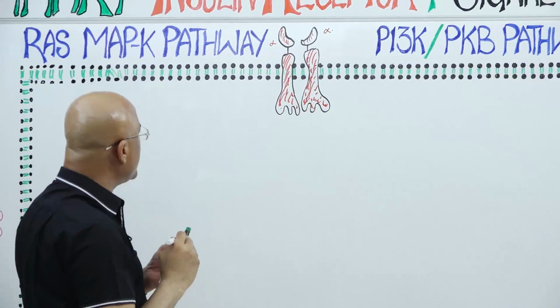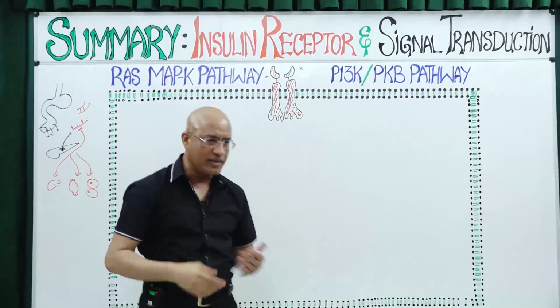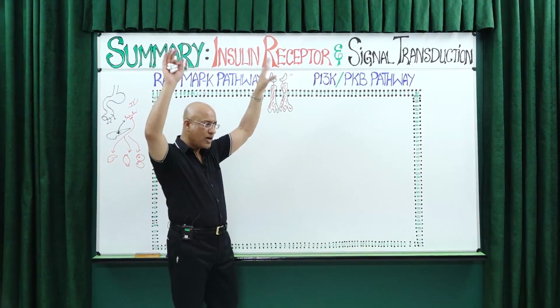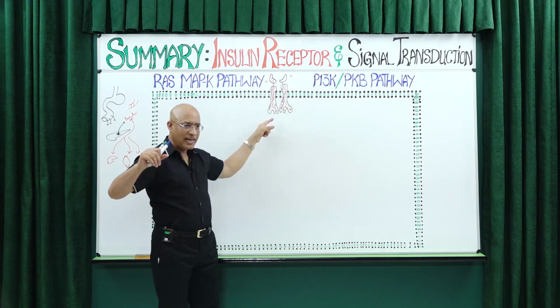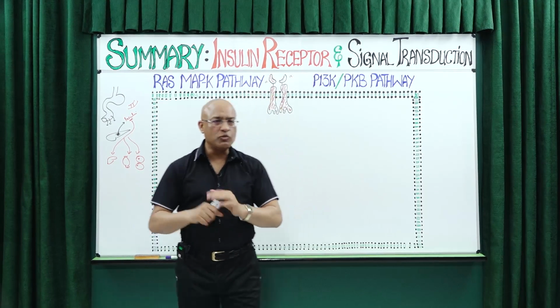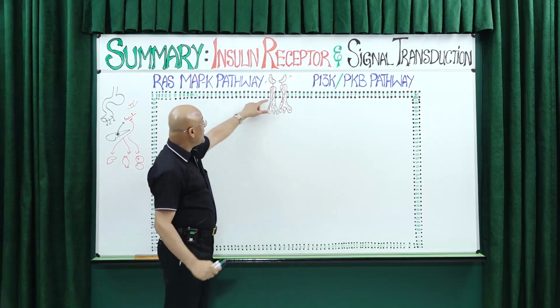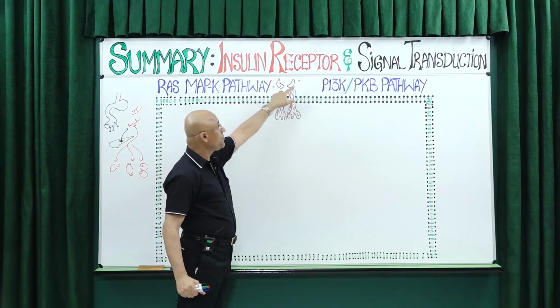We can imagine that the insulin receptor is something like a jungle queen with two arms. These are two arms, and these are two legs. The rest of the things I don't want to show. So the insulin receptor is just like a jungle queen, but this queen's legs are inserted into the membrane, and the arms are outside.